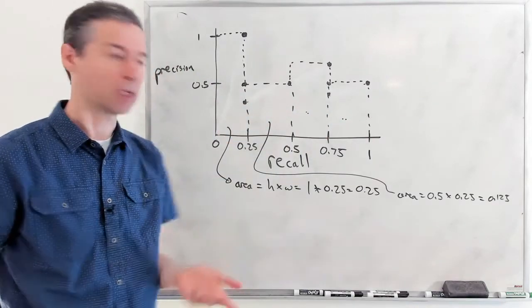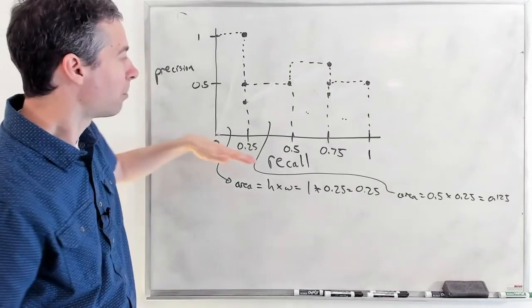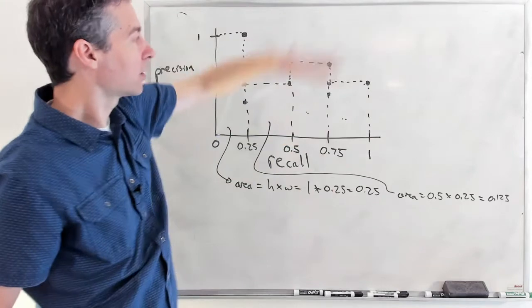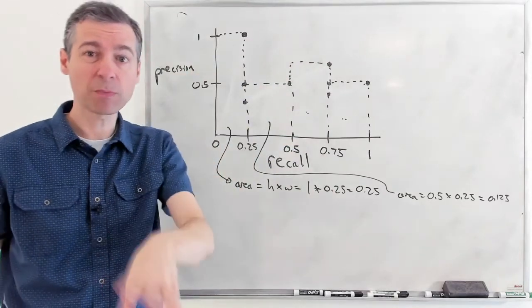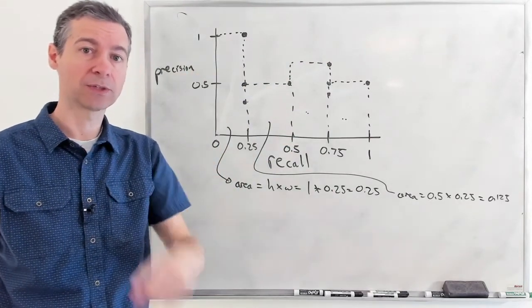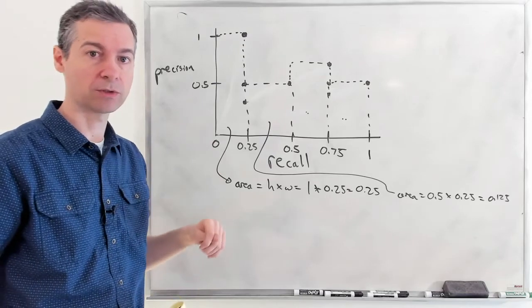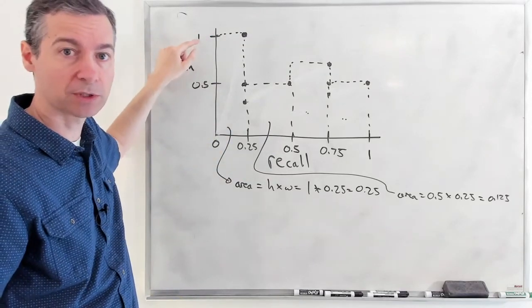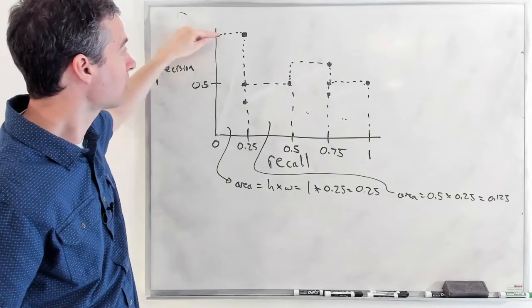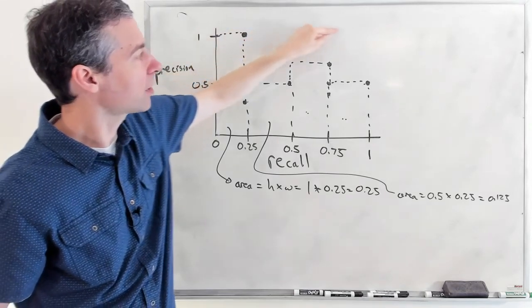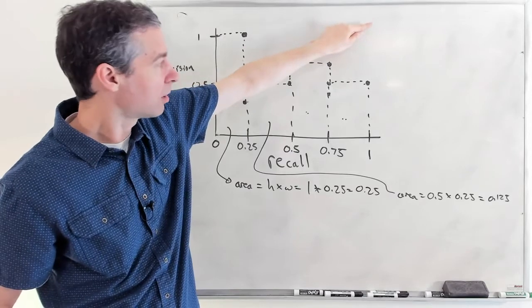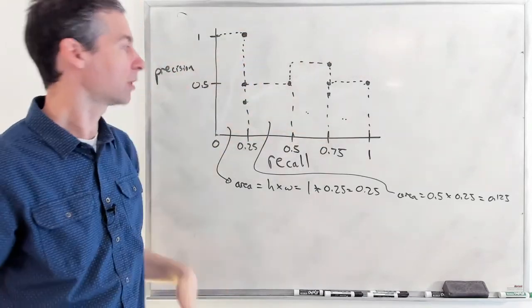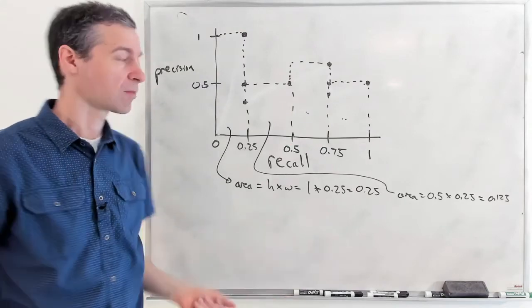The idea being that the better a ranked result, the more area we should have. The very best result that you could have when doing ranked retrieval is that you just have all relevant documents returned, so your precision stays at 1 the whole time until you reach recall of 1, and then you're done. You could end up with a total area of 1.